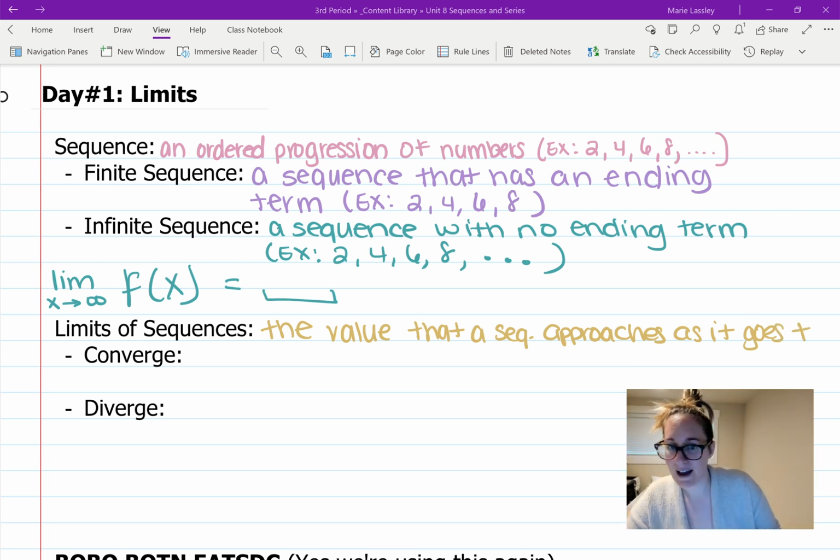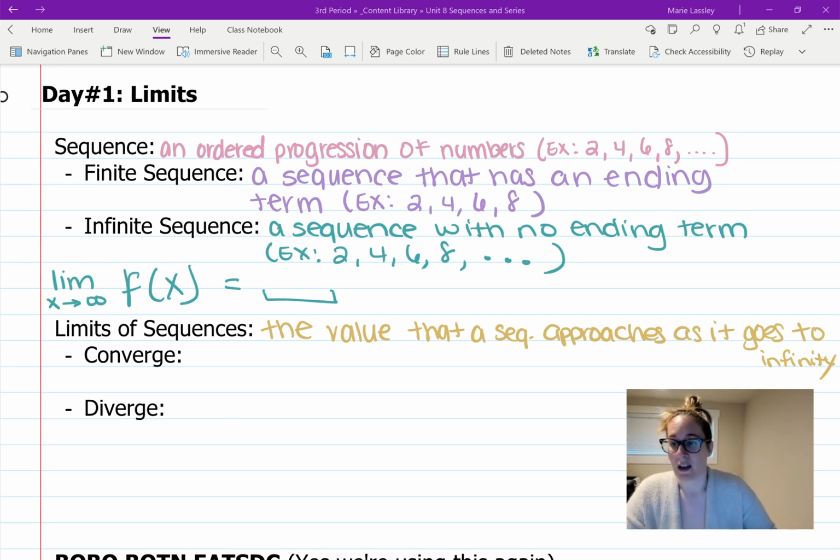I think that fits on the screen. No, infinity does not fit. To infinity. There you go. I got squished out.